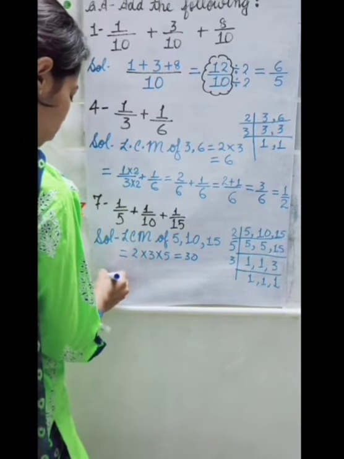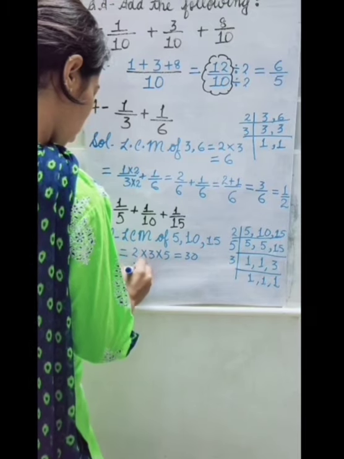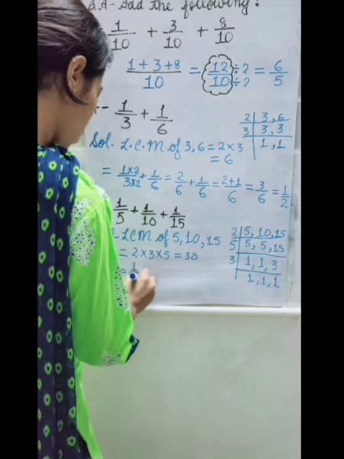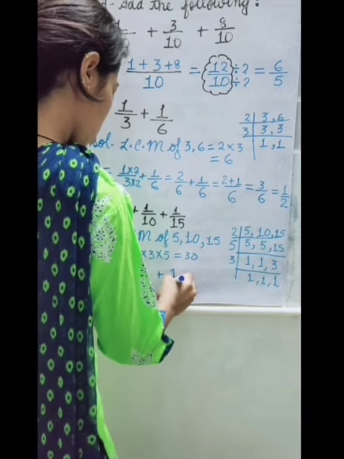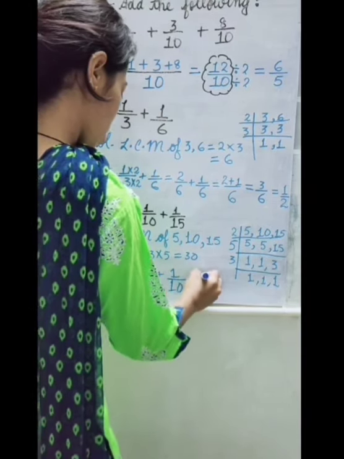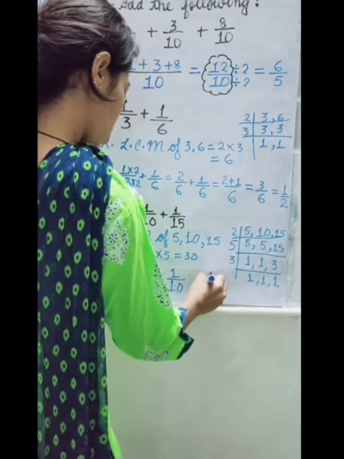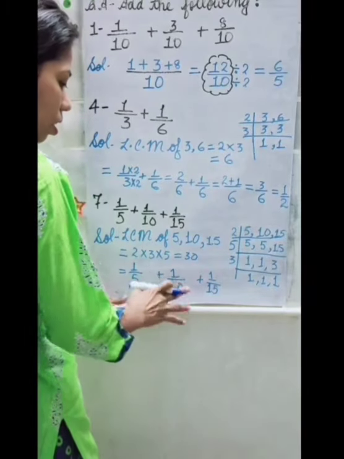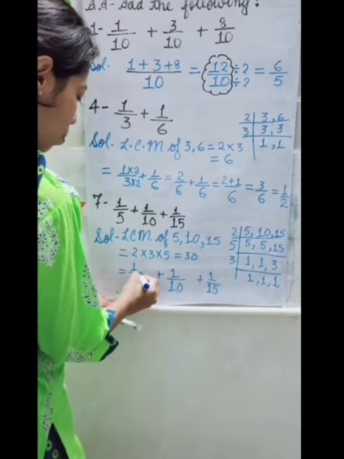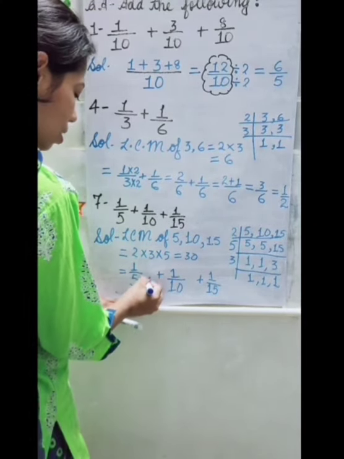So next step, 1 by 5 plus 1 by 10 plus, I am giving a little space before this plus sign so that we will multiply easily. So 5 6s are 30.